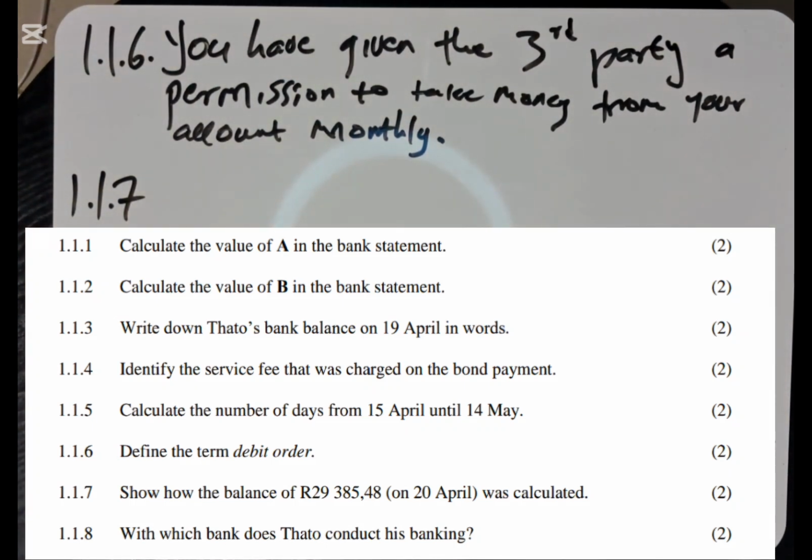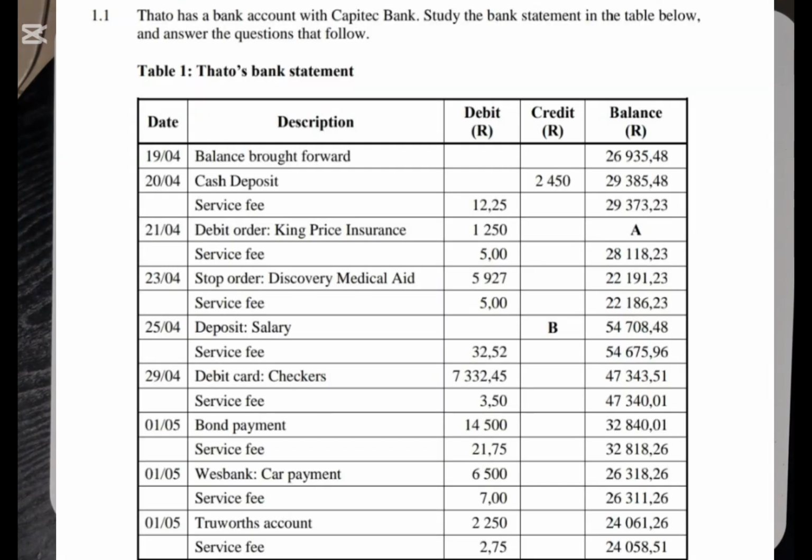1.1.7 says, show how the balance of 29,385 and 48 cents on the 20th of April was calculated. So obviously we go back to the statement. We locate the date, the 20th of April.